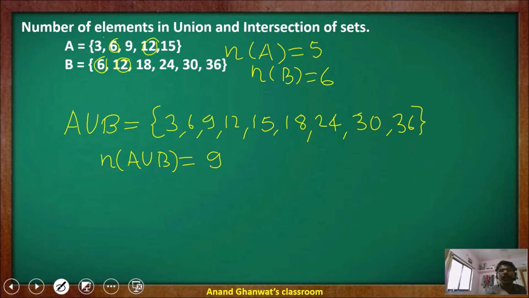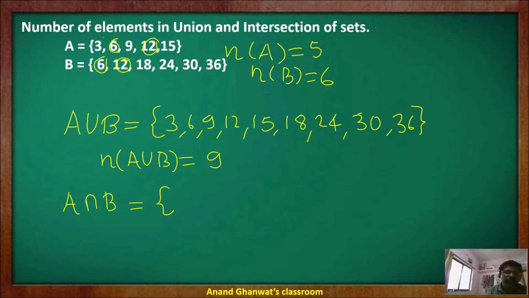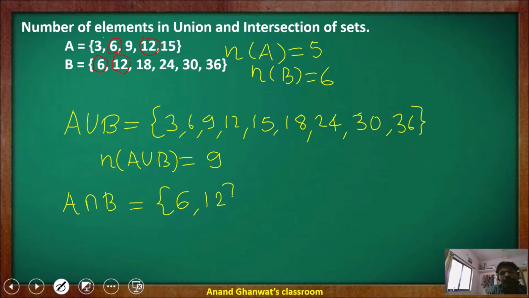Now let us find A intersection B. A intersection B is a set of all elements which are present in both set A and B. So A intersection B is 6, 12. Now the number of elements in set A intersection B, n of A intersection B, is equal to 2.